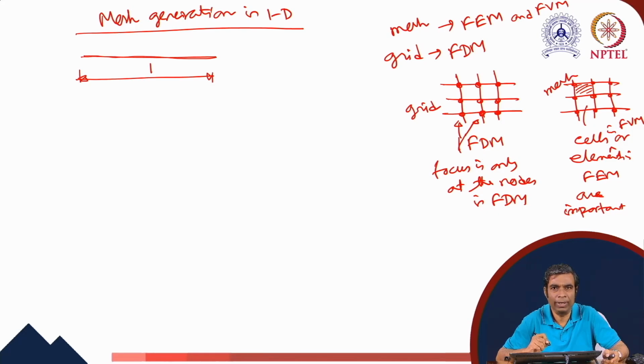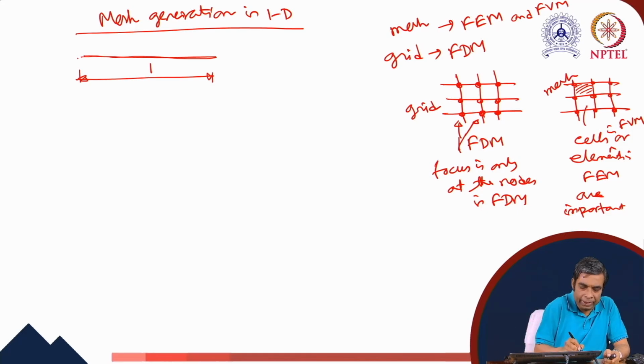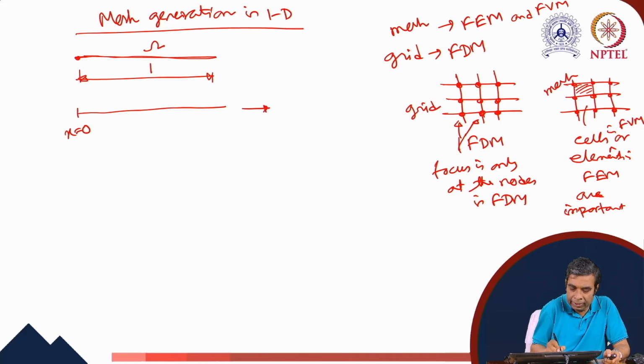We need a coordinate system reference, and that is the starting point of the domain discretization. So this omega is given. We put the origin of the coordinate system at the left boundary, and this is our x-axis. The right boundary is x equals 1.